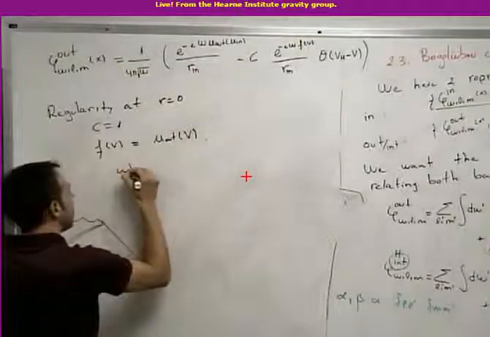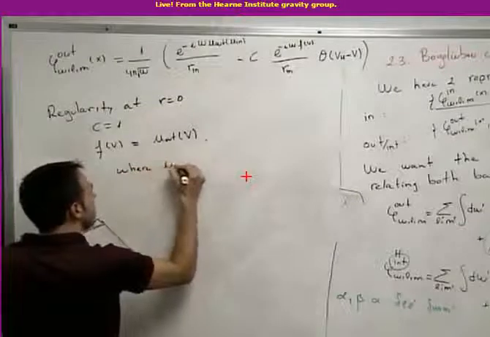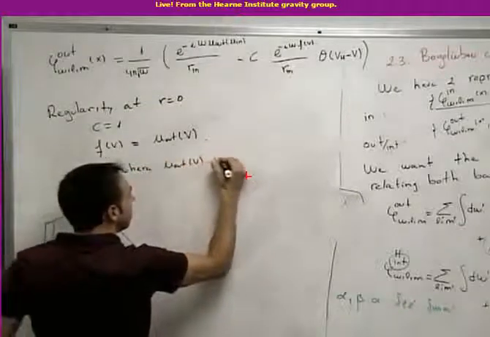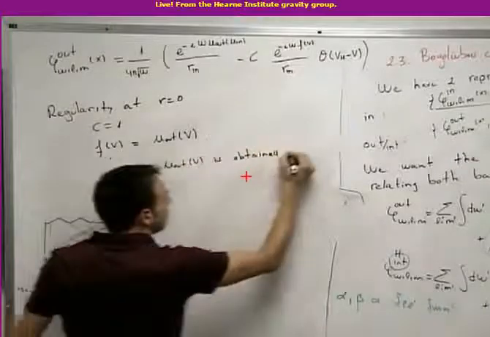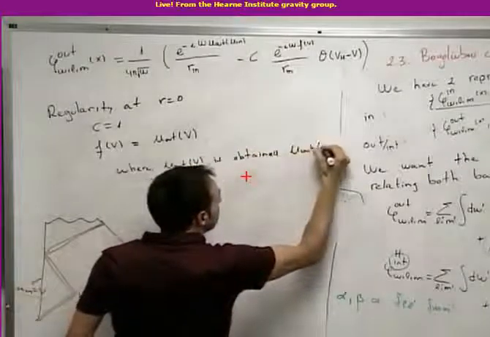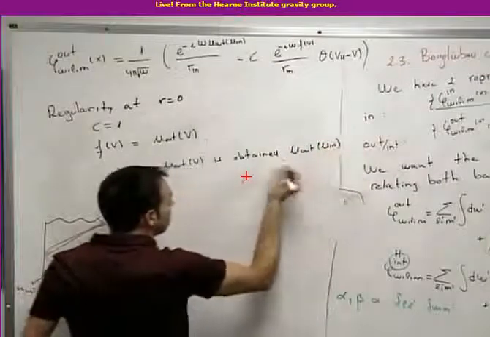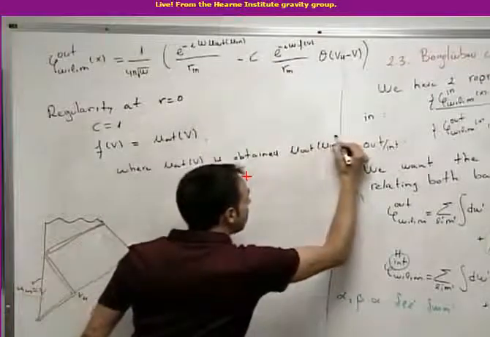So u out of v is obtained, trivially, from u out of u in, replacing u in by v.